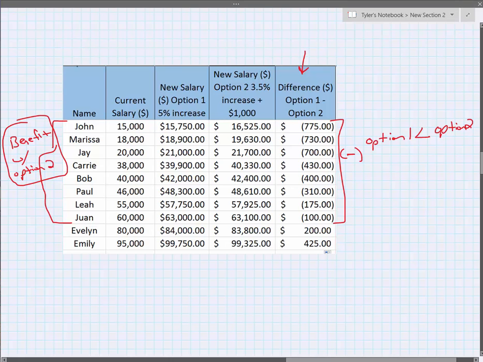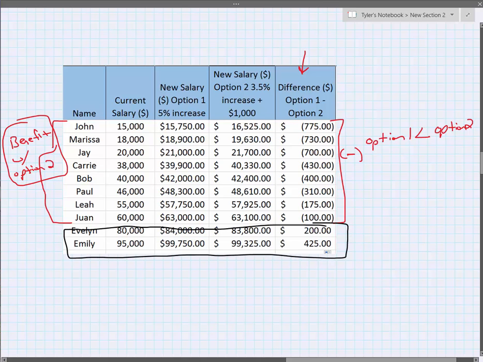Now we need to think about who would benefit from option 1. Well, that's these guys here, Evelyn and Emily, that have a positive. Since they have a positive here, that means that option 1 is greater than option 2, because we're subtracting option 1 minus option 2.